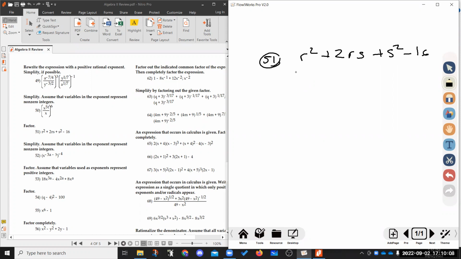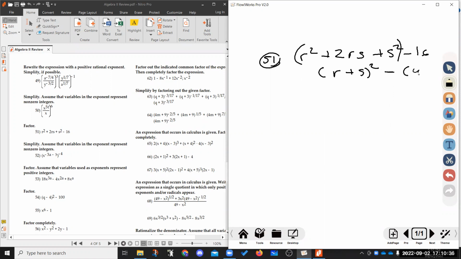Let's just do this. So this is going to be this first one here. Let's group this group of 3 and this group. This is an r plus s quantity squared.